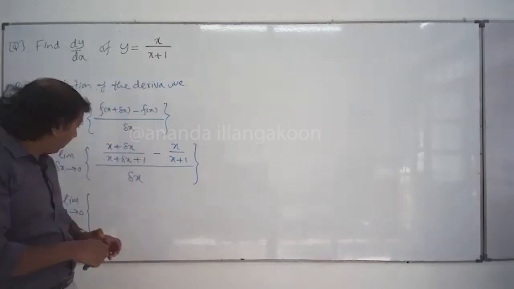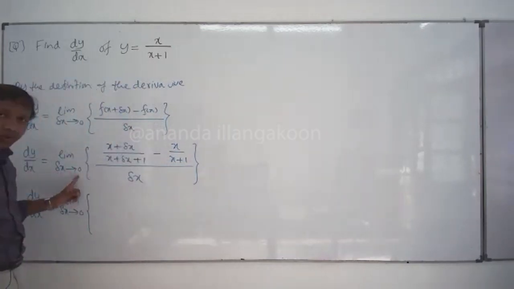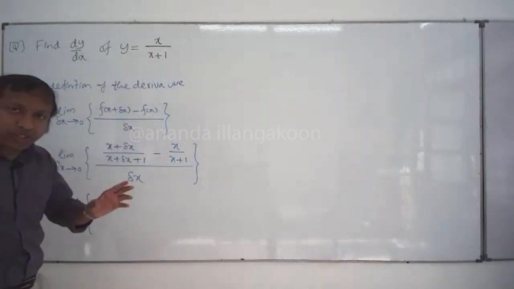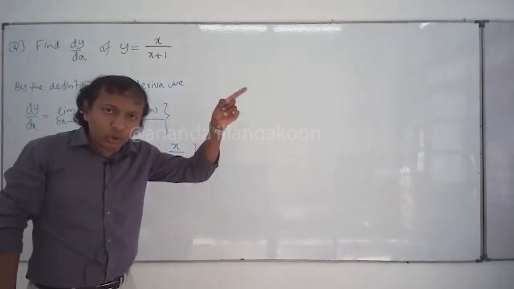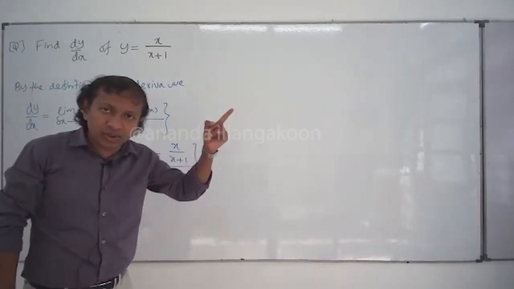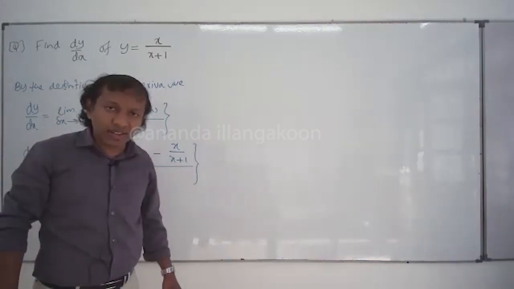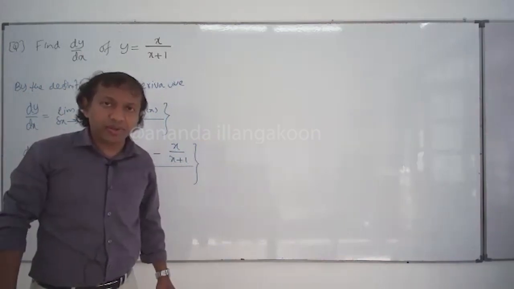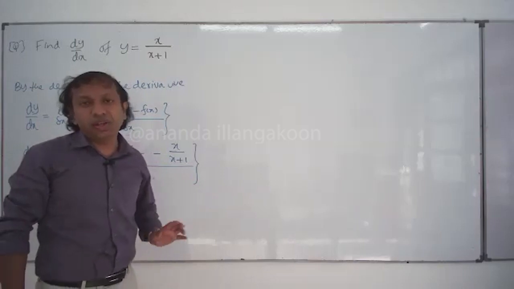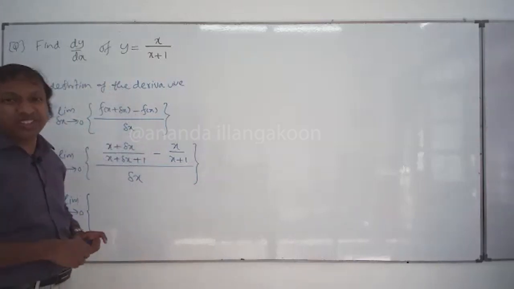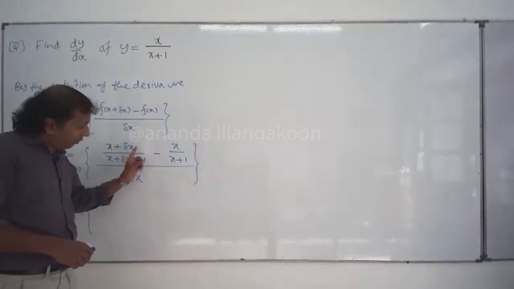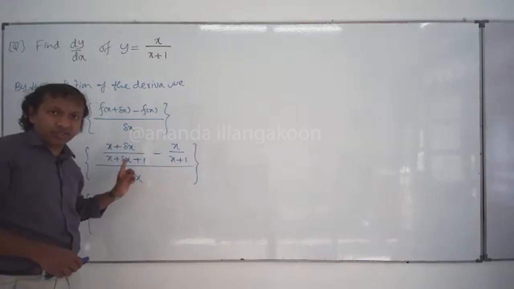When this delta x is going to 0, before putting 0 for delta x, definitely from the numerator and denominator a delta x term must cancel. After that only we have to put. Until then, don't put delta x as 0. Therefore, to a certain extent, we have to simplify this.